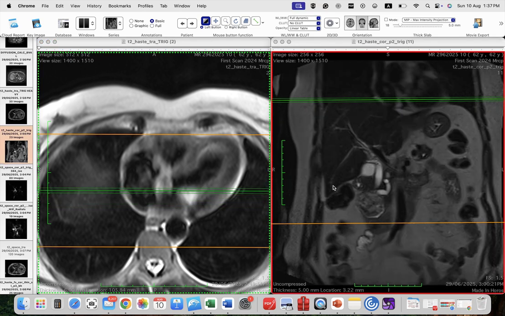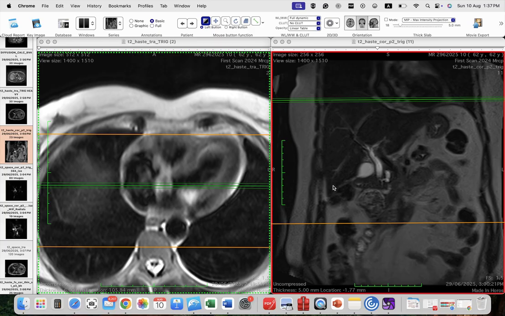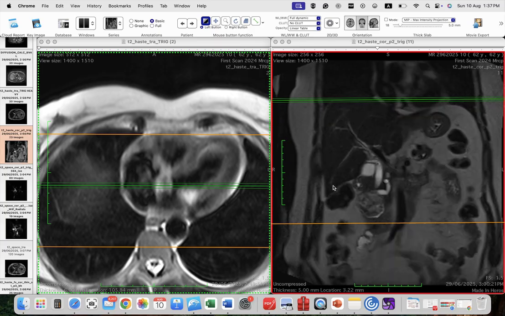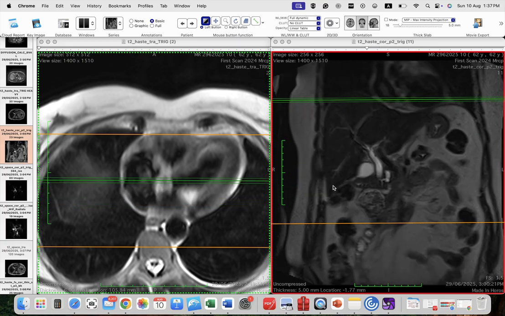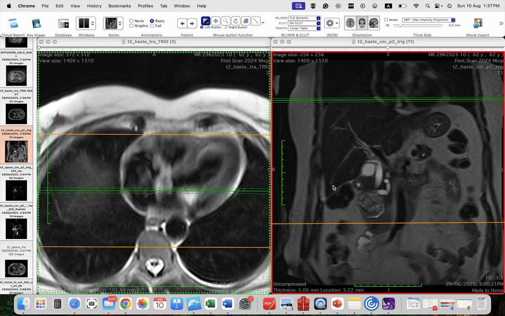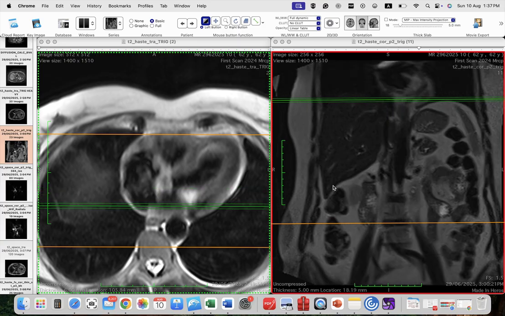So the other case was a stone either in the CBD or a diverticulum, misdiagnosed as pancreatic cancer. So in the follow-up, we clearly stated in the report that it is a stone.